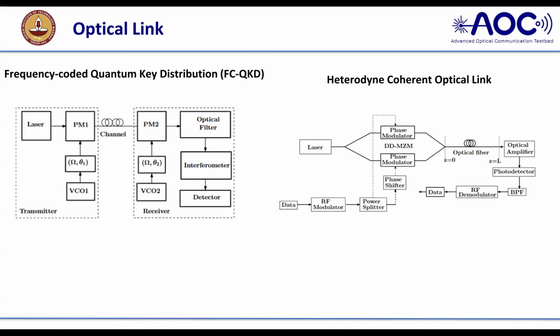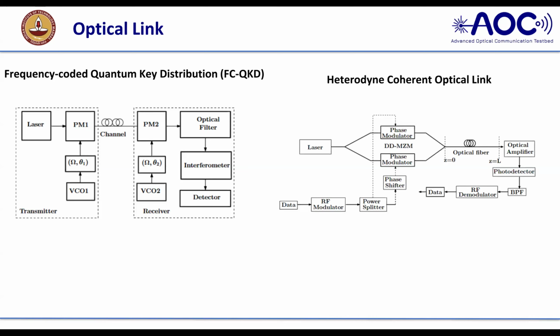Here I have used the BB84 protocol, which means bit 0 and bit 1 correspond to 0 and pi. The RF oscillator has the frequency capital omega, in the range of gigahertz, 10 to the power 9, whereas the laser has a frequency in terahertz.